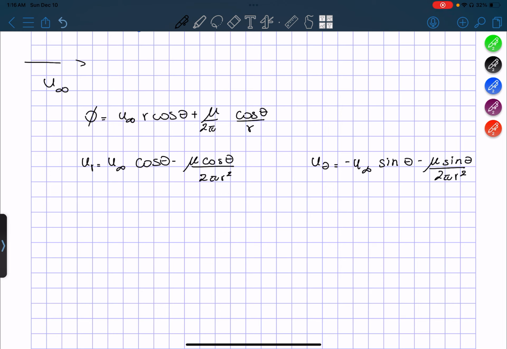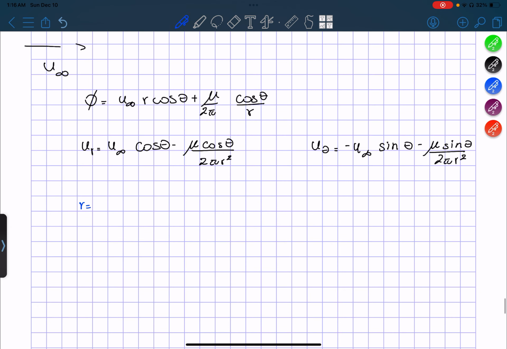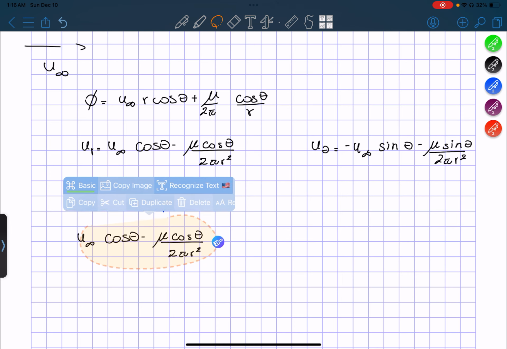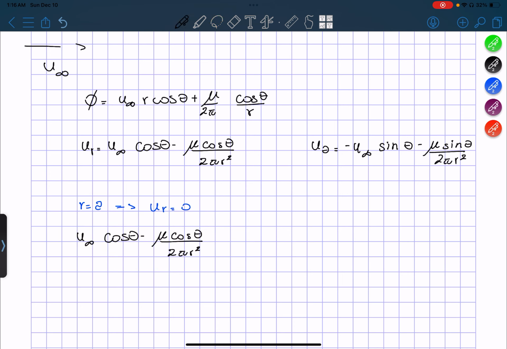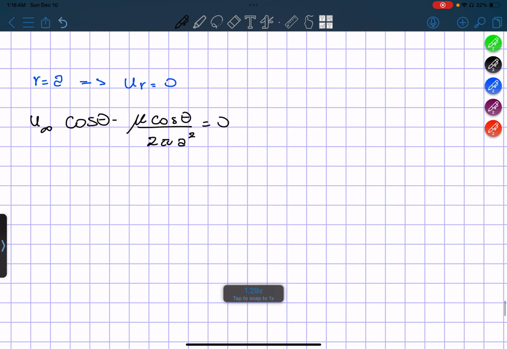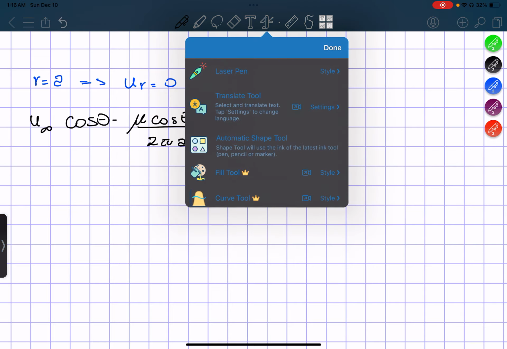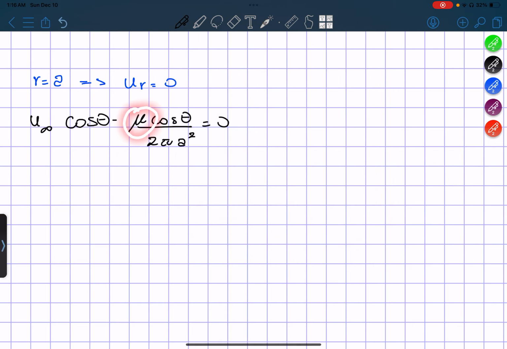So now let's say that we have a stagnation point when r is equal to a. Our stagnation point means that our u_r is equal to 0. So we have to take this and set it equal to 0 when r is a, so substitute r with a. Let's solve it for mu here.